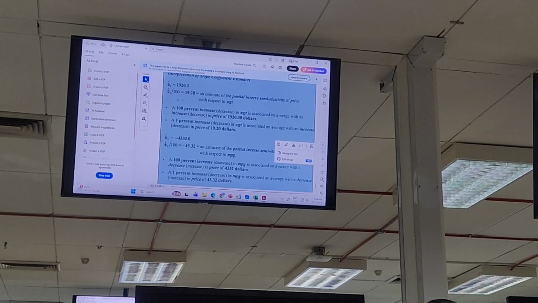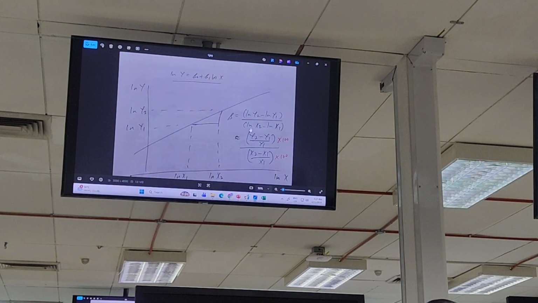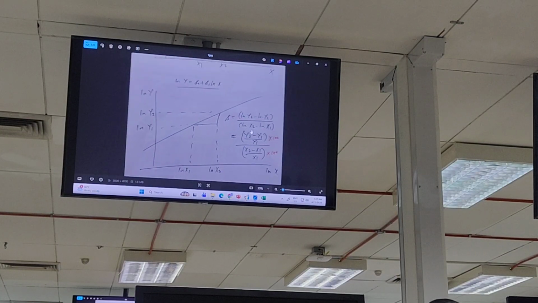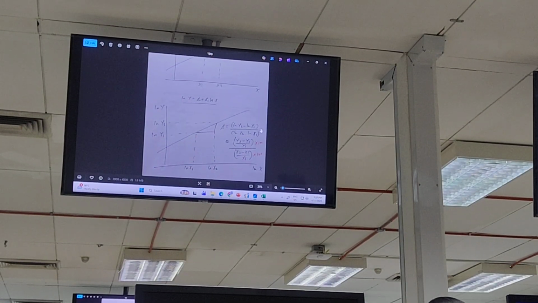If you understand this, you should be able to remember it without memorizing. When you have log, it represents relative. In order to interpret as percent, you have to multiply by 100. But whether you multiply or divide depends.